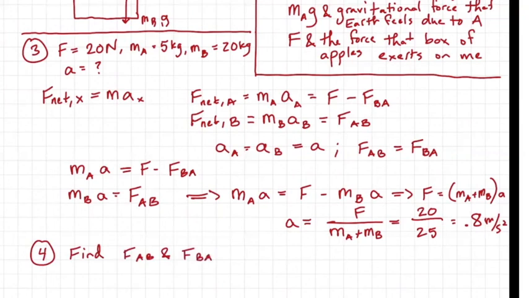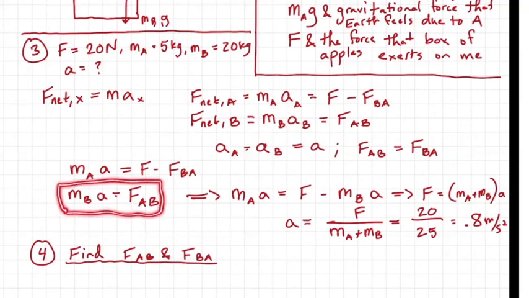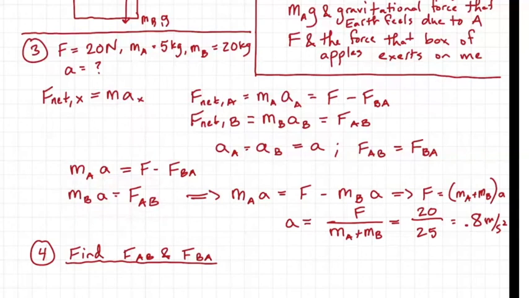Now that I know the acceleration, that's pretty straightforward, because I have this equation right here, which will let me calculate FAB directly. So I can take MB times A, which is equal to, MB is 20, the acceleration is 0.8, and that's equal to, can I do this math in my head? 16 newtons.